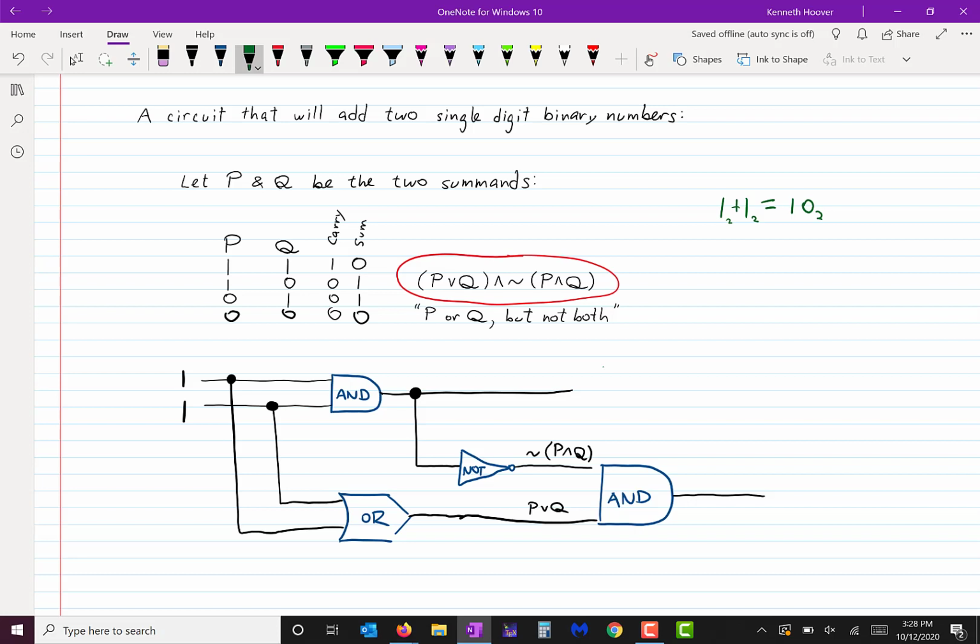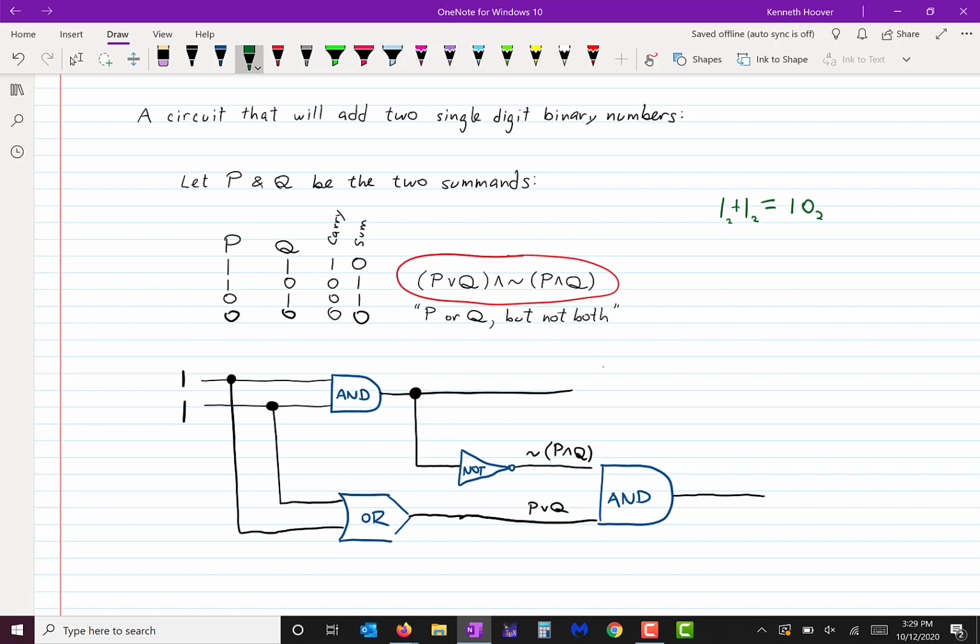Okay, so let's go ahead and do that. So 1 and 1, that means in the logical circuit that there is a signal going through those wires, right? What would come out of the AND gate? A signal or no signal?